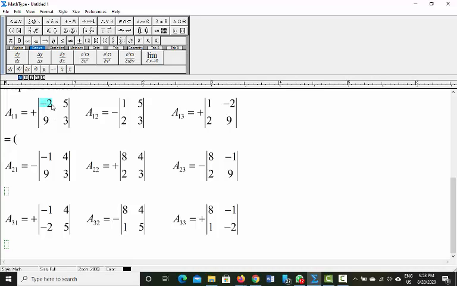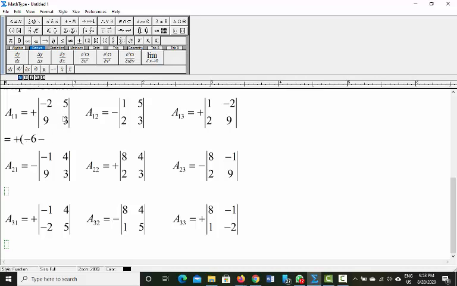We will multiply the right diagonal elements first: minus 2 multiplied by 3, so we will have minus 6.